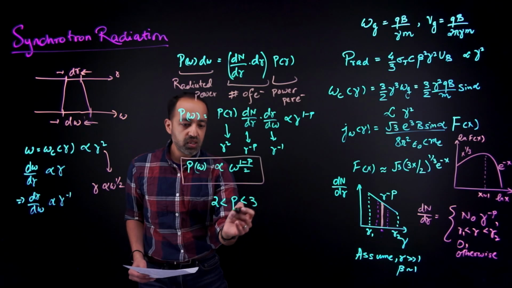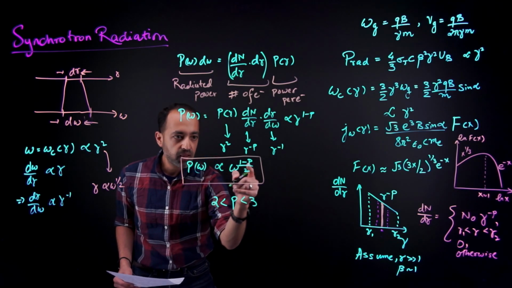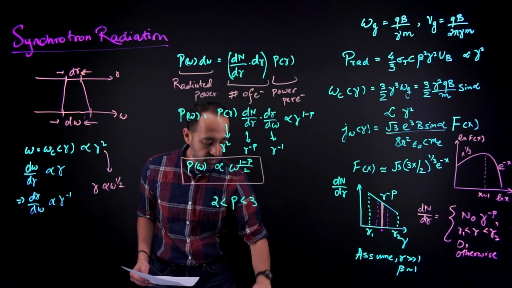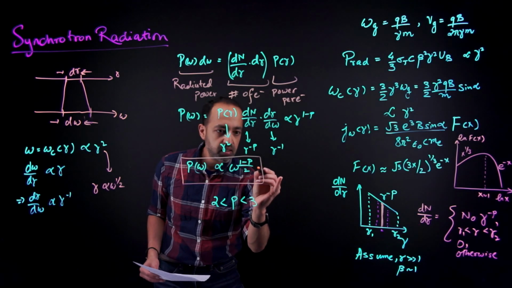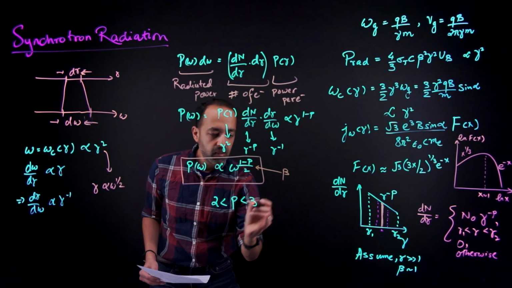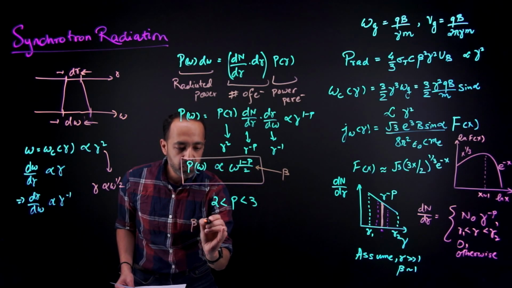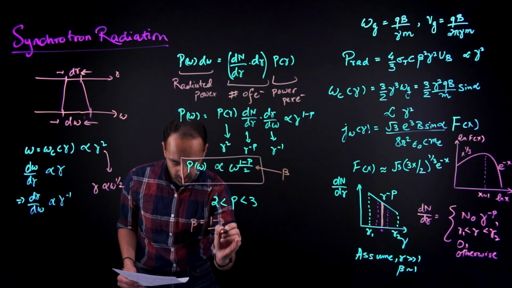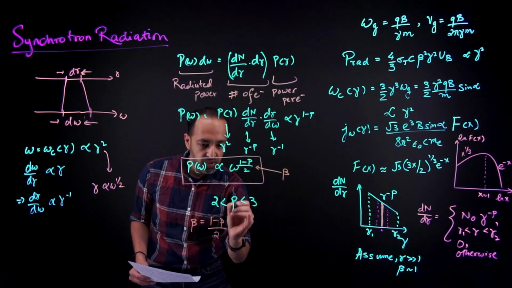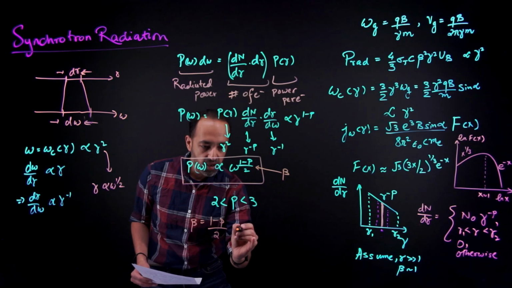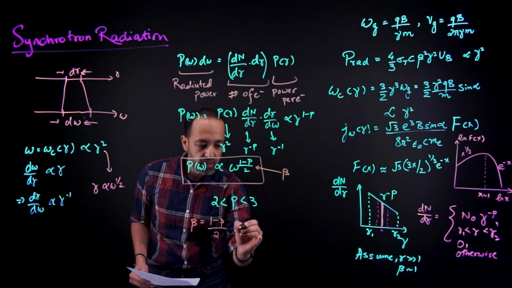Which means that if we just look at this expression, this power law index here, I'm just going to make a note, let's call this beta. So beta, which is 1 minus P over 2, then you can check. For P of 2, this is minus 1/2, and for P of 3, this is minus 1.